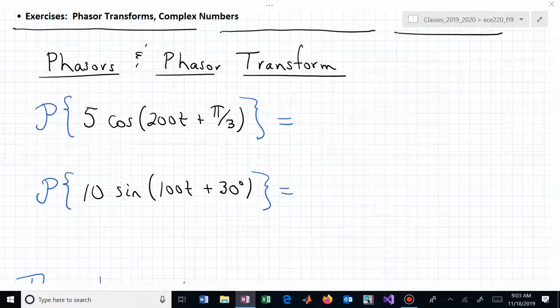How would we write the Phasor transform of that time domain expression, the first one? What do we pull out and what do we keep on the side if we are now trying to find the Phasor representation of that time domain waveform?